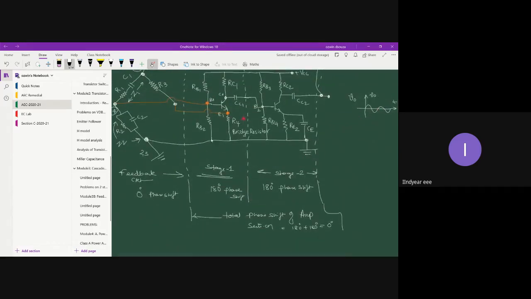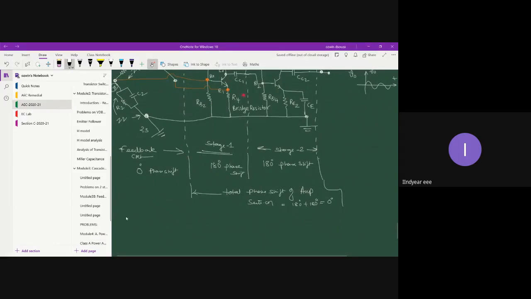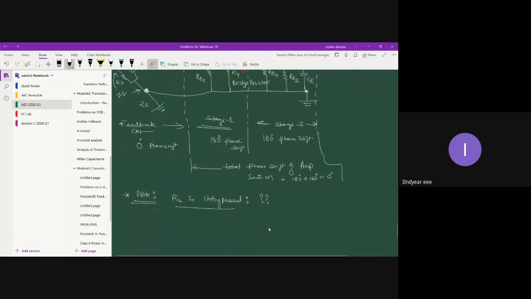Now, some important note. R4 is unbypassed. The reason for this intentional unbypassing is that you know that an RC coupled amplifier gives very high gain.